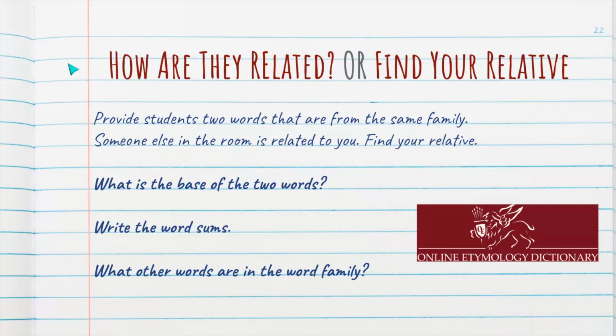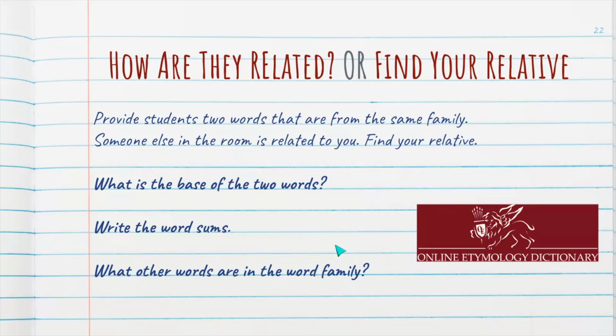Hand them all out, and then in order to find the partner they're working with, they have to find someone that's in the family with them. So I could have diagonal and trigonometry on 2 cards, and they would need to find each other to identify that GON is the base there. So what's the base? What are the word sums? And then what other words are in the family?